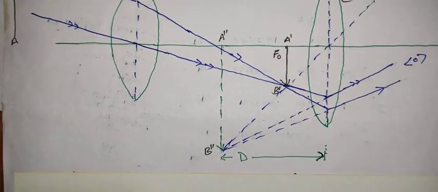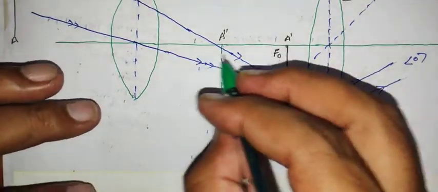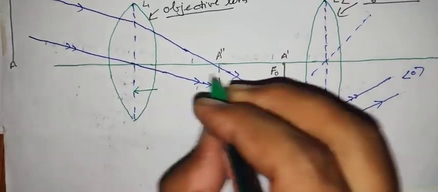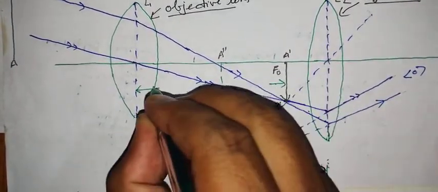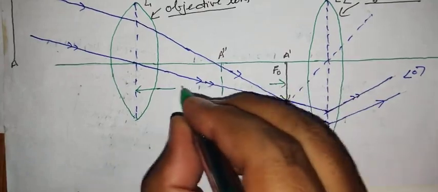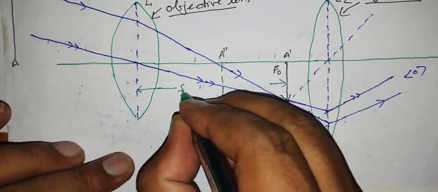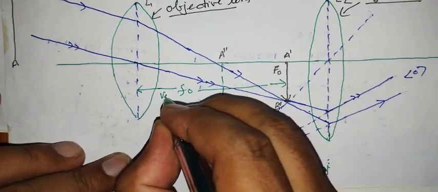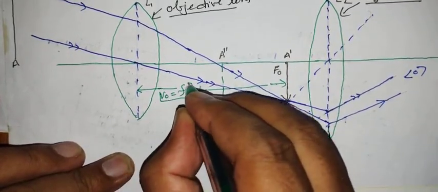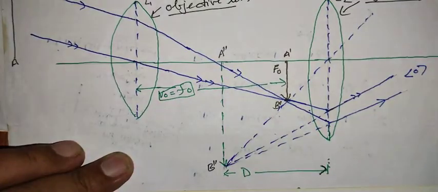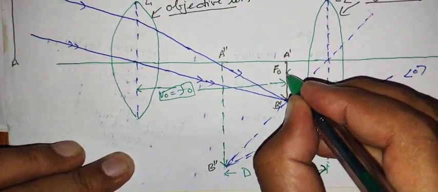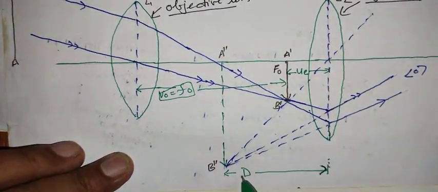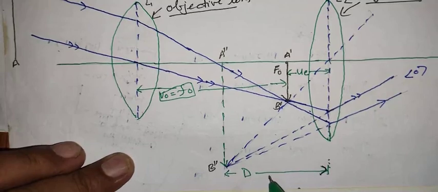Now see carefully some of the distances here. The distance from the lens to A dash B dash is at the focal point of this objective lens, so VO is equal to FO. This distance is UE for the eye lens and capital D is this.